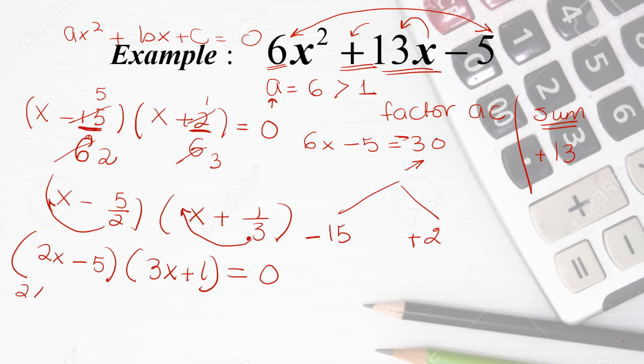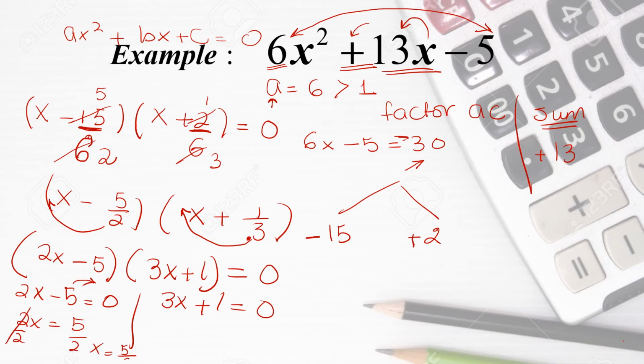Now solve for x. So write the first factor equals 0 and write the second factor equal to 0. Solve for x. Bring the 5 to the other side. You will get 2x equals 5. Divide both sides by 2 because you want to solve for x. So it will give you 5 over 2. Now see, the factors already show 5 over 2, so you can stop here also.